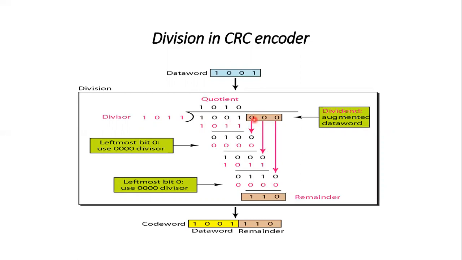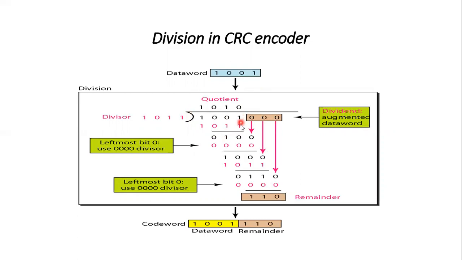Now we append 000. So first, 1 times 1011. Here we apply the logical XOR operation.